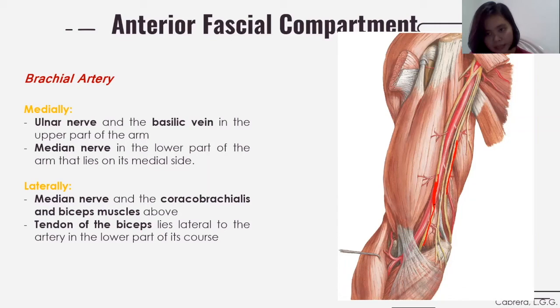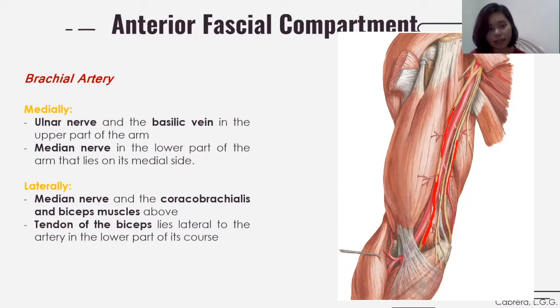But after it crosses the middle part of the brachial artery, it will run down toward the medial side of the brachial artery. And again, for the lateral relation, we have again the median nerve, since before it crosses the middle part of the artery, nandito po siya sa lateral side.